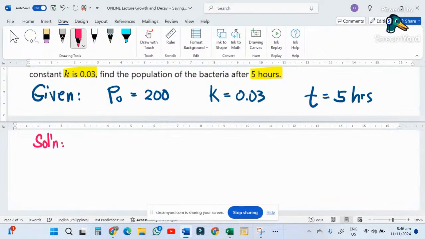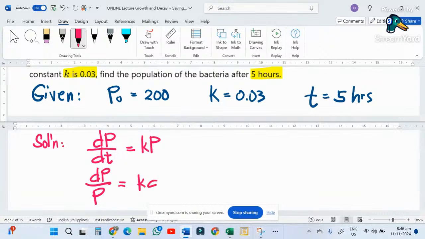We said that the differential of the population with respect to time is kP, it's positive. So what we're going to do, we have to collect all P's together and the others together. So here we have dP/P = k dt.